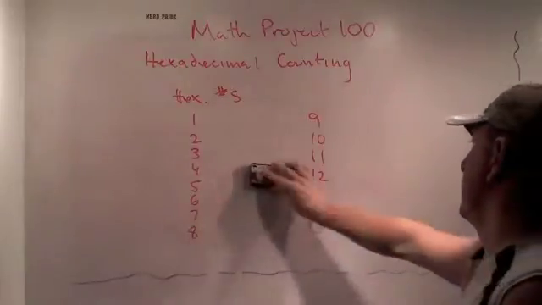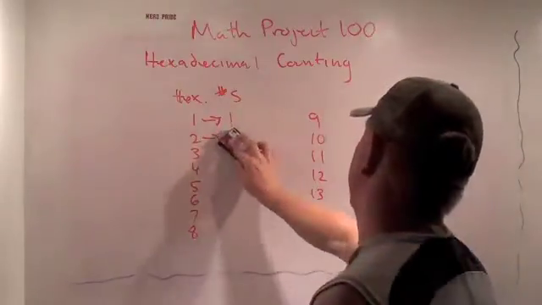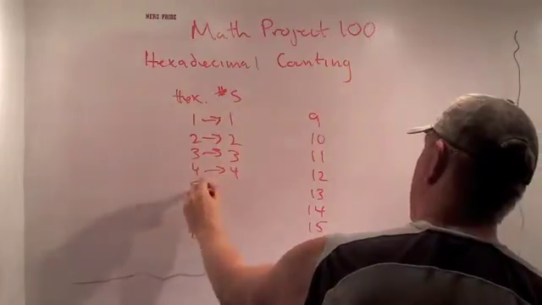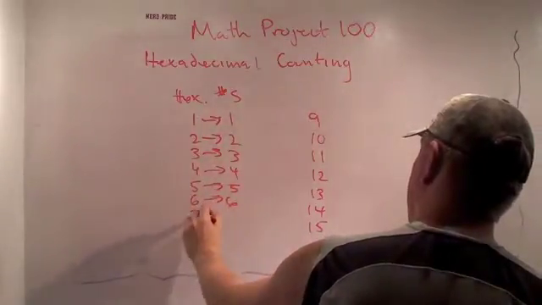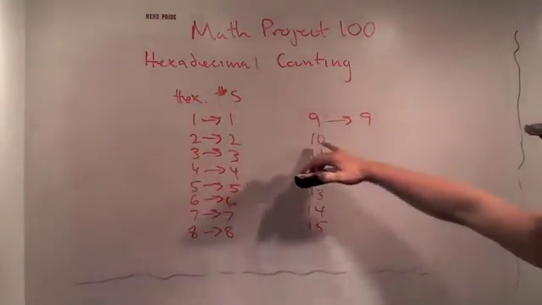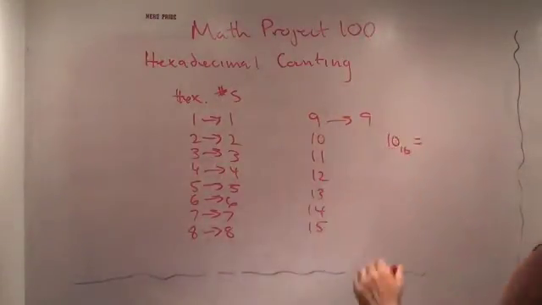So we write a 1 the same way, we write a 2 the same way, the same way as 3, 4, 5, 6, 7, 8, 9. But we can't write 10 as 10, because in base 16, what does the number 1, 0 mean?